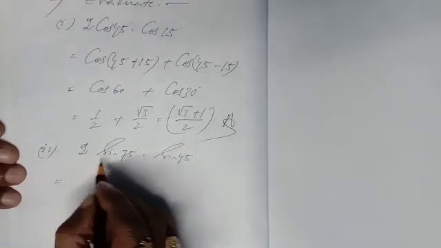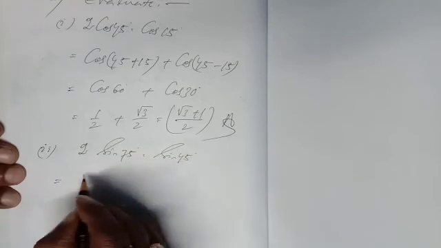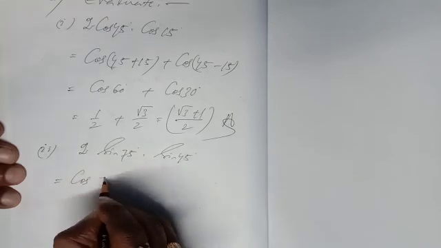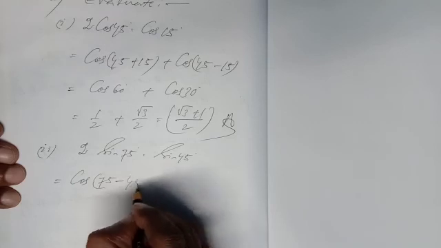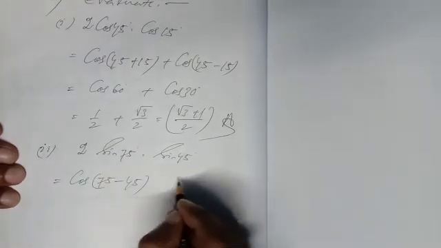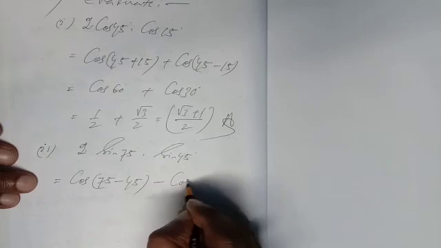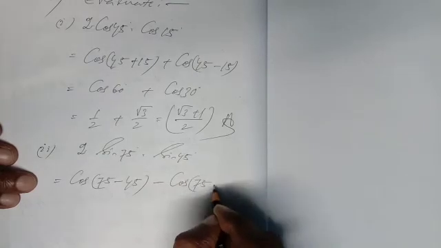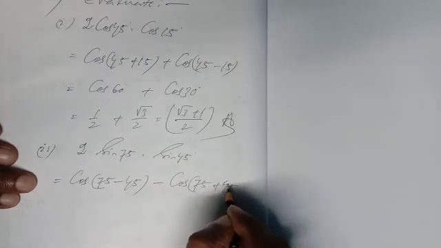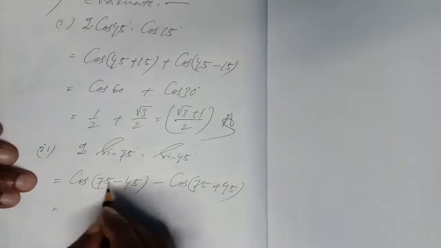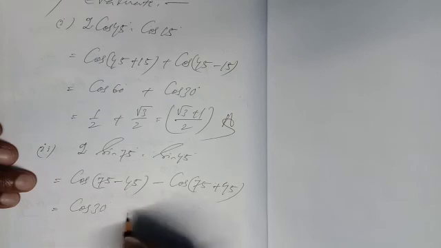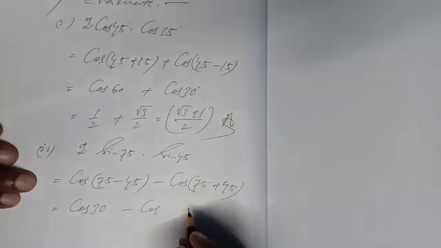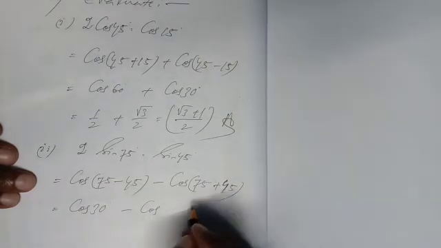That means you have to apply the 2 sin A sin B formula, which is cos(A minus B) minus cos(A plus B), that is cos(75 minus 45) minus cos(75 plus 45). 75 minus 45 gives cos 30 degree minus cos, and 75 plus 45 is 120.